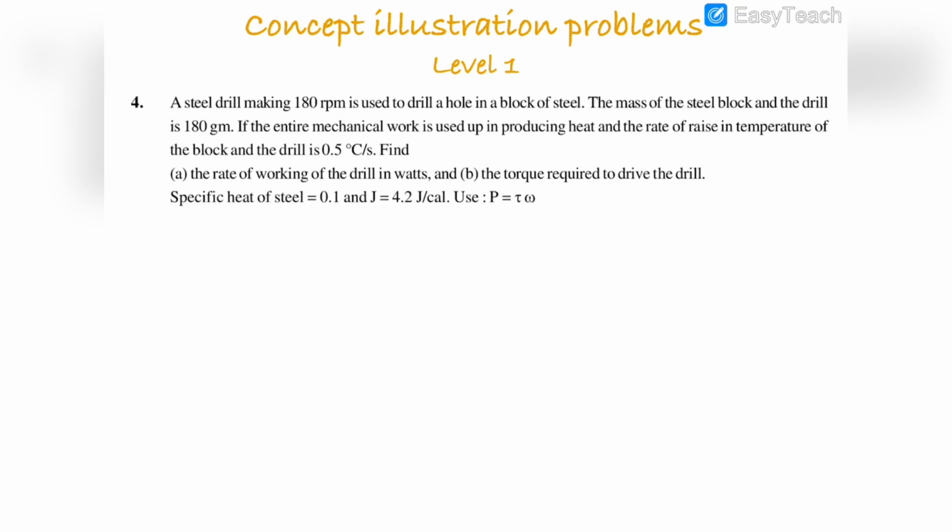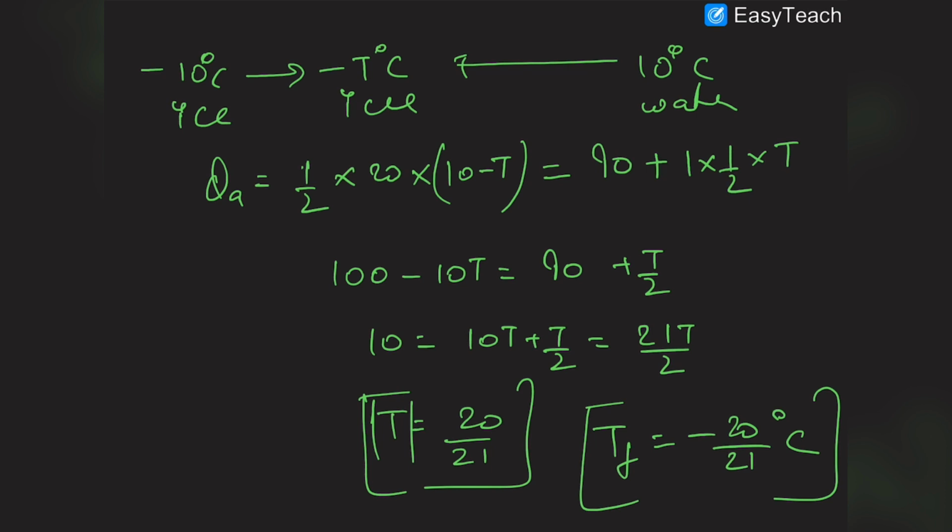So I hope you have a clear understanding about the ice water mixture problems, and many students are having this query that we have never seen the complete water freezing when we mix ice and water. So this is due to the fact that in practical scenario, when we mix ice and water, then there is a heat exchange with the third body also, which is the surrounding.